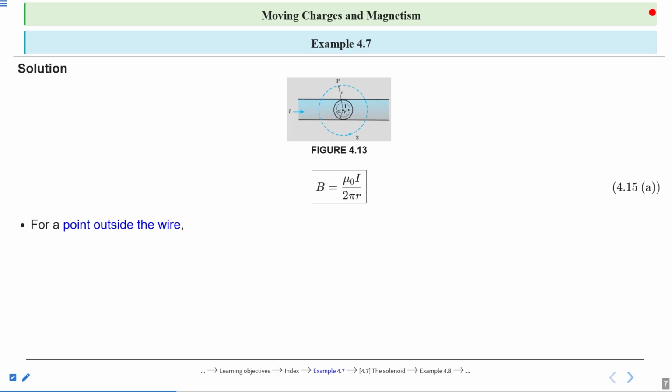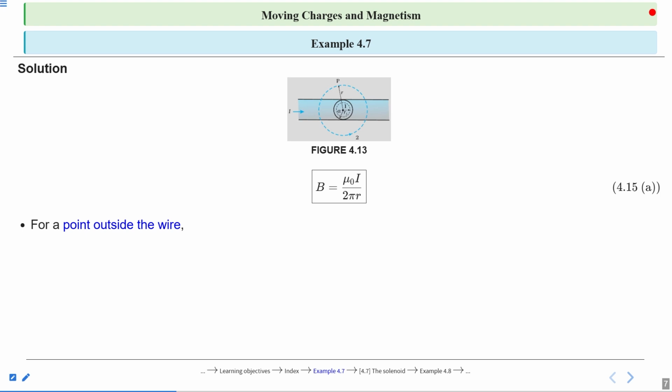Now you can see, for a point outside the wire, the magnetic field due to the current I flowing through the thick wire, where the current is uniformly spread in the wire as given in the question, is inversely proportional to the distance of that point from the center of the wire.